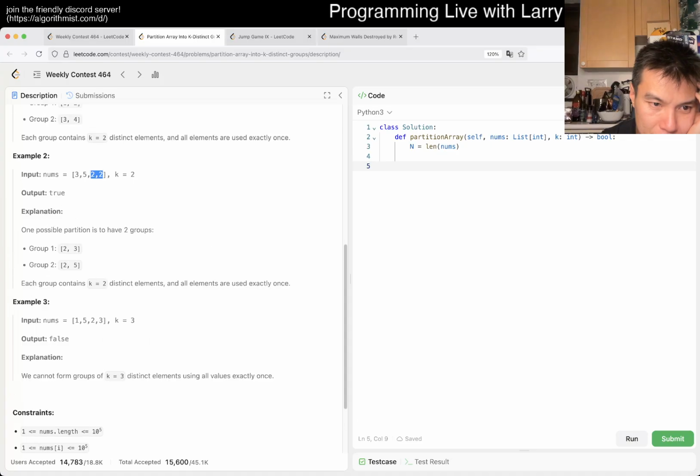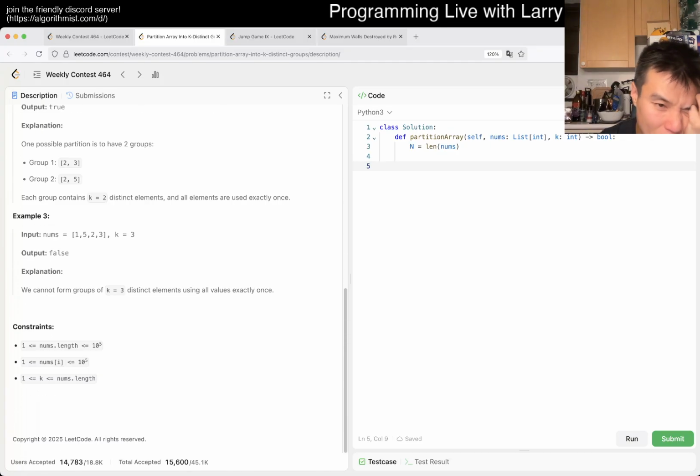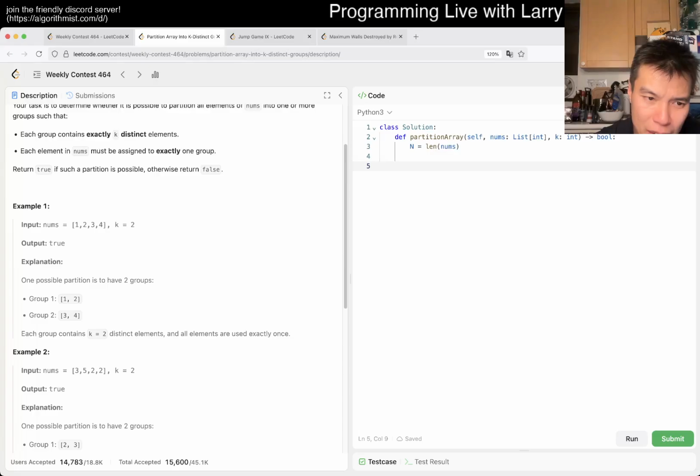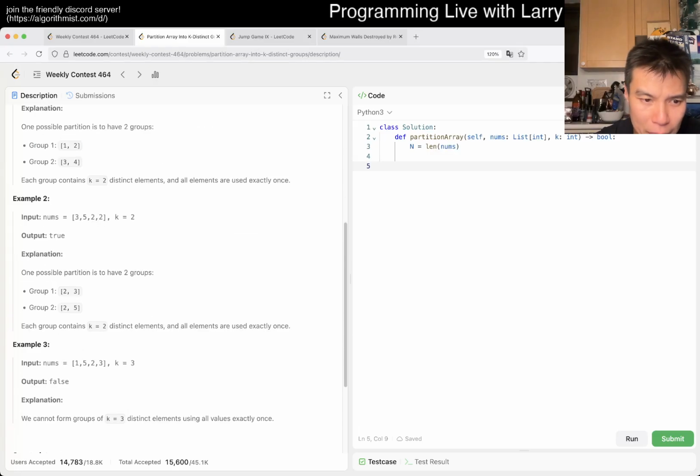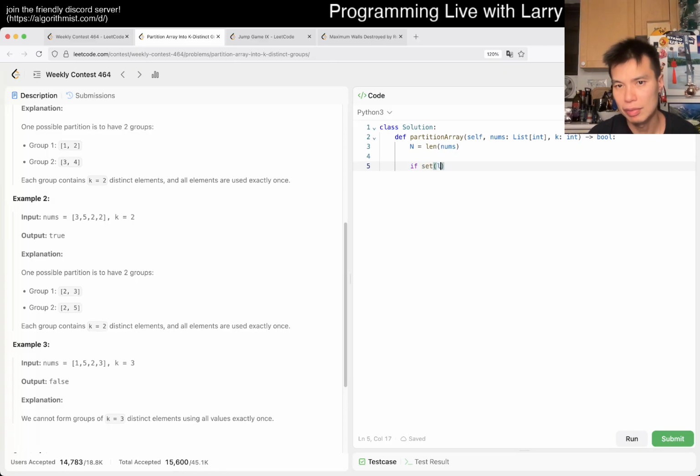Am I looking for true or false? Maybe I'm looking for false. Because I was looking for a true result, and trying to find the exact group, but maybe we can just find a false result. What is an impossible result? What does the distinct number of elements give us? Okay, so if the length of the set of nums mod k is equal to 0, then we're good, right?